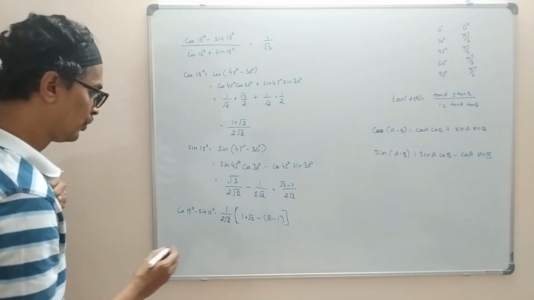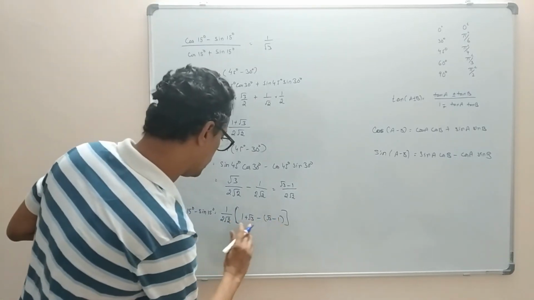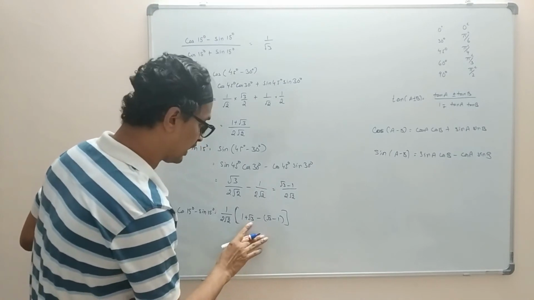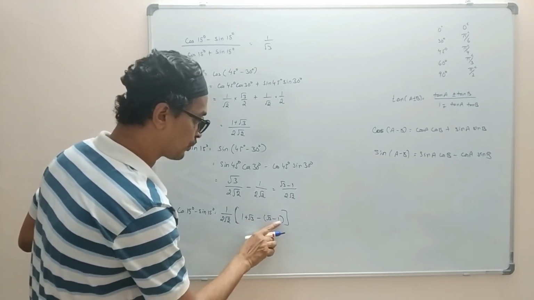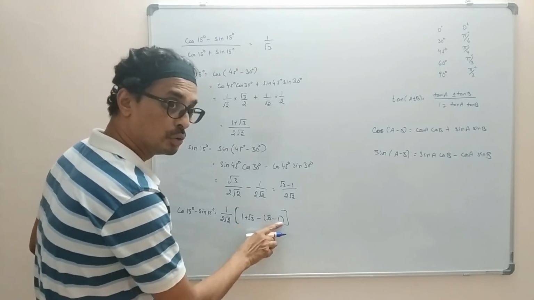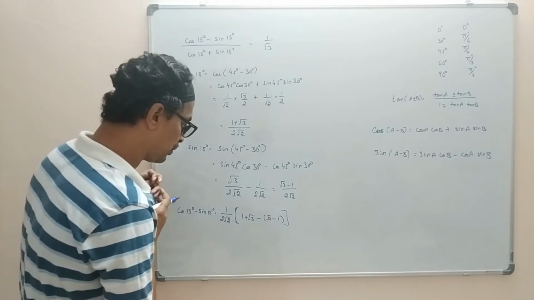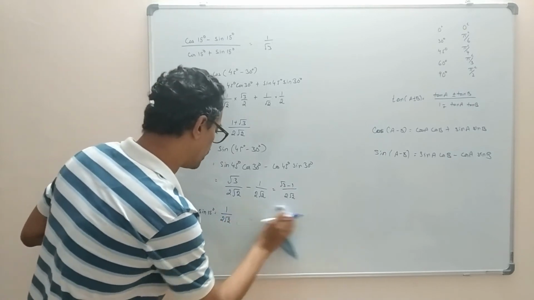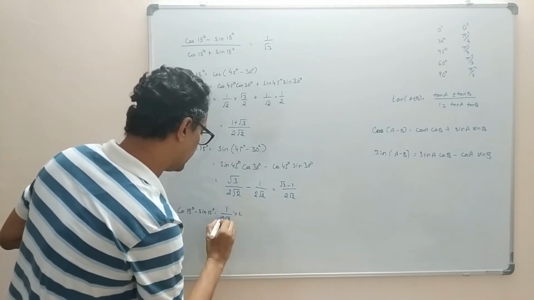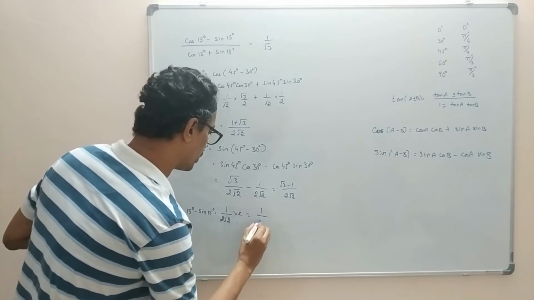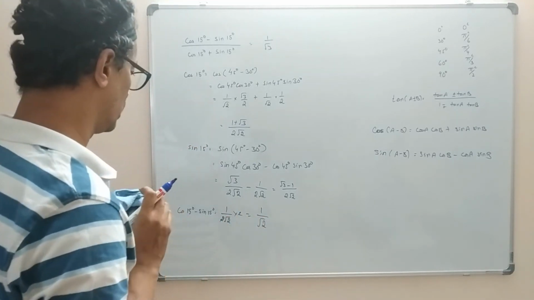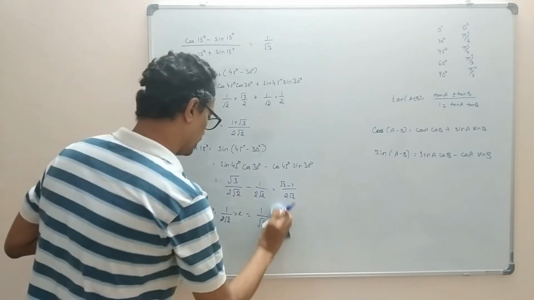So this will be minus root of 3; the root 3 cancels, and minus of minus 1 becomes plus 1, so 1 plus 1 is 2. So this whole term is only 2. Am I right? So the 2 cancels, and it's going to become 1 by root of 2. Okay, correct. I agree.